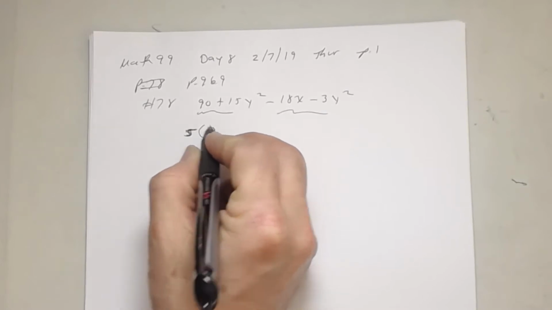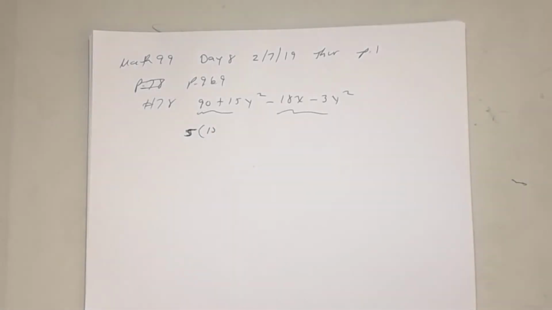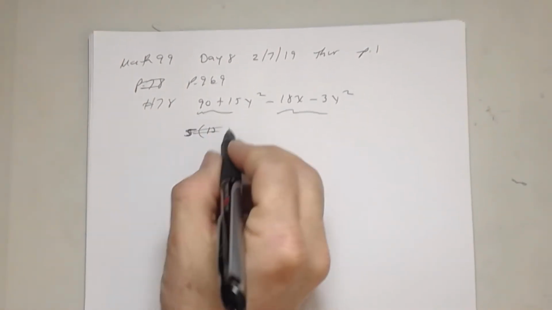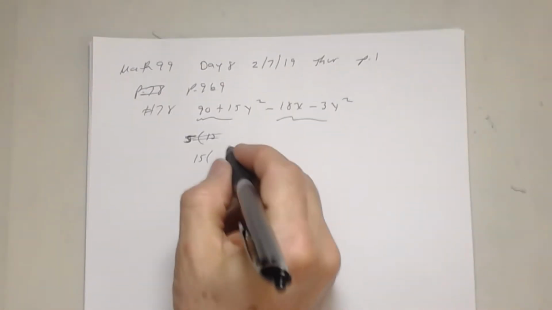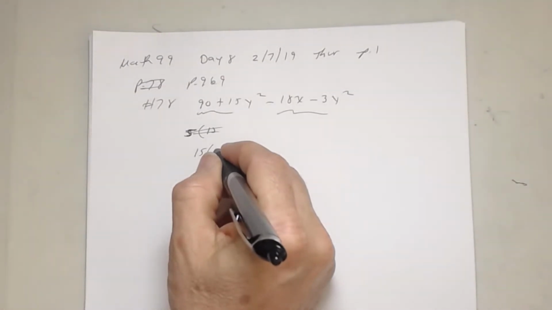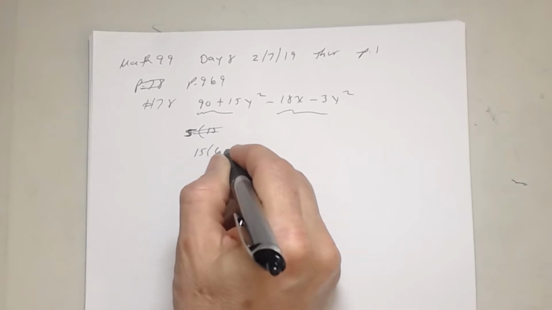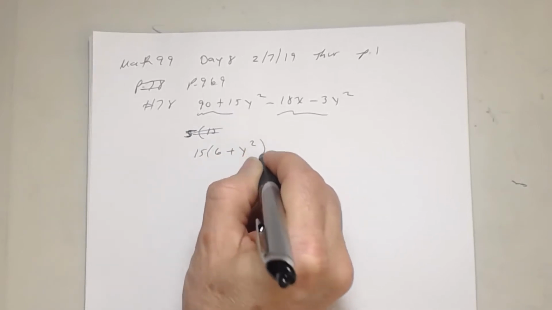So 15 does go into 90, 6 times. Okay, so the GCF is not 5, guys. What's the GCF? 15. So 15, and that's going to be 6 plus y squared, is that correct?